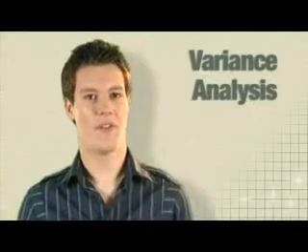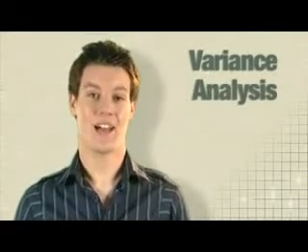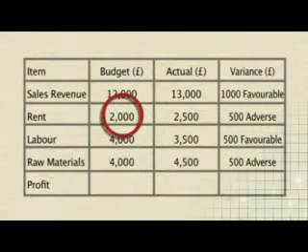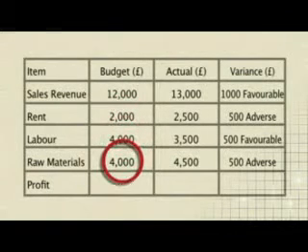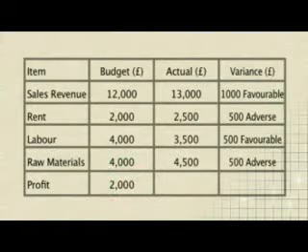To work out the profit variance, you first need to total the costs and take them away from the revenue. You need to do this for the budgeted figures and the actual figures. So budgeted costs of rent, labour and materials were £10,000. Now this taken away from the £12,000 revenue gives us a budgeted profit of £2,000.